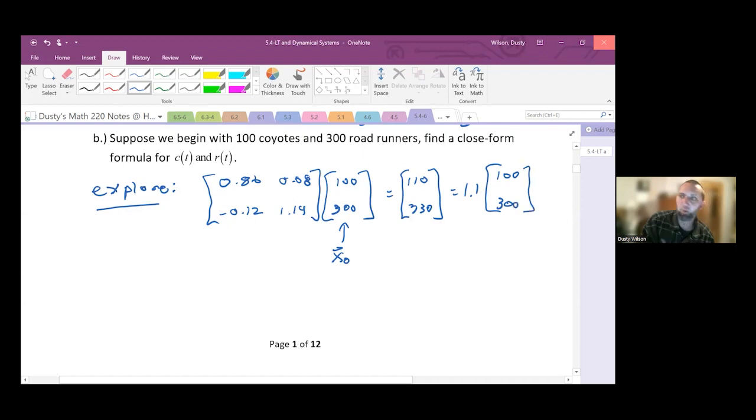We've got a name for these things, as I'm sure you recall. This 1.1 would be our eigenvalue lambda, and it has corresponding eigenvector 100, 300. So here's our eigenvector.